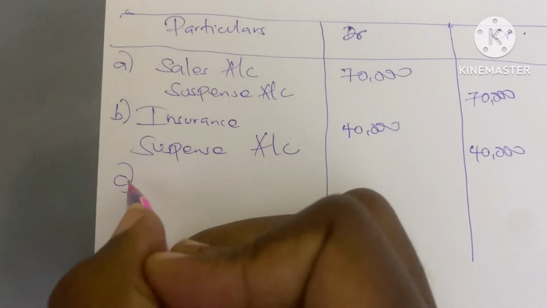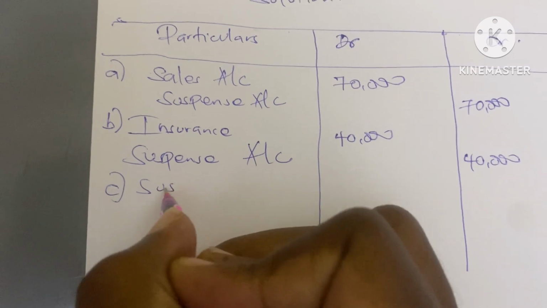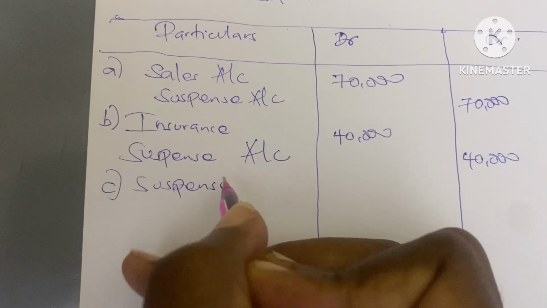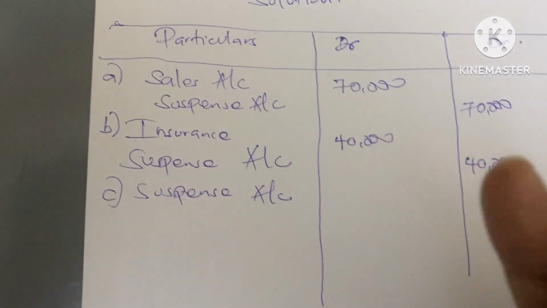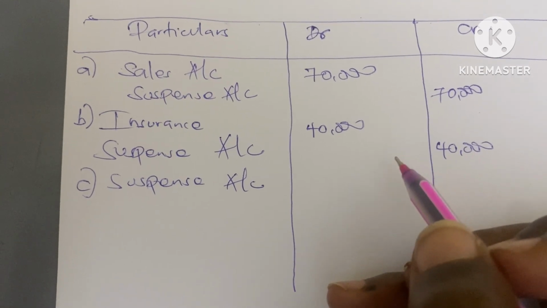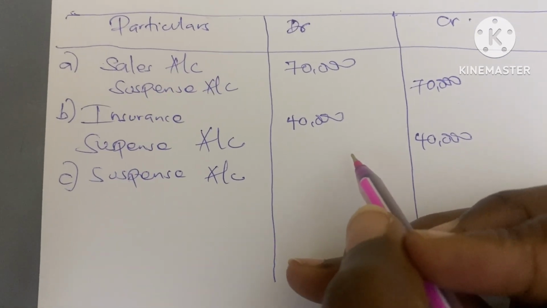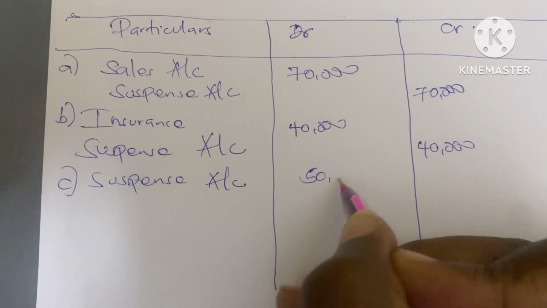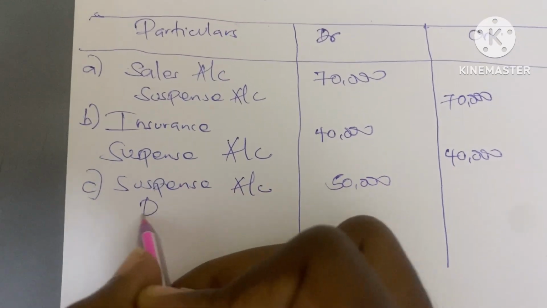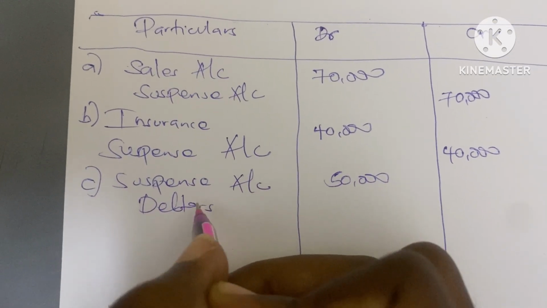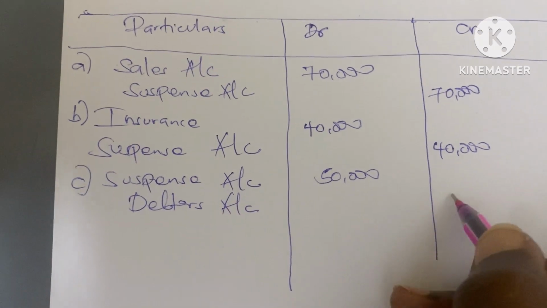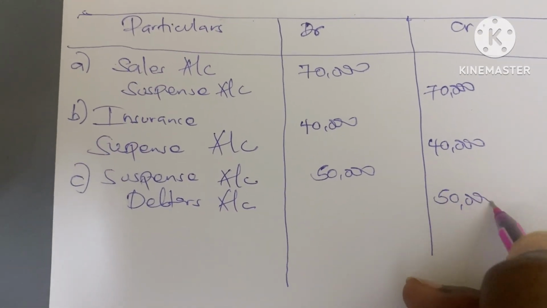See, suspense account, we debit it by 50,000. Then the debtor's account, we credit it by 50,000.